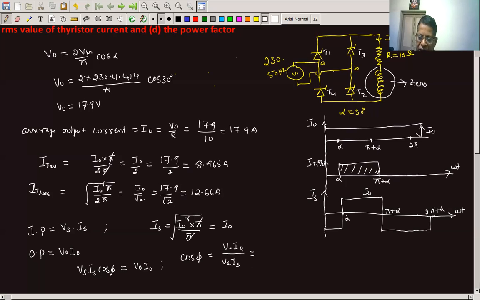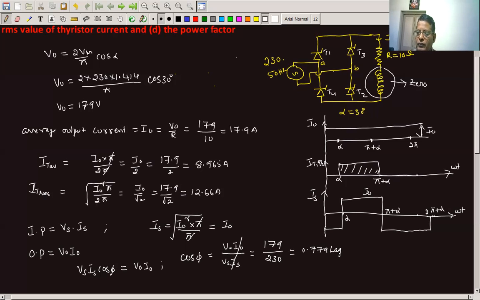These two are equal, so they get cancelled. So V naught by Vs, V naught value 179 volts, Vs value 230 volts. So we are getting this value as 0.779 lag.